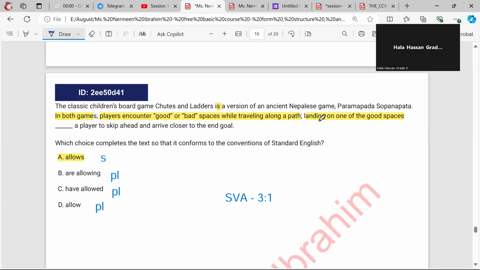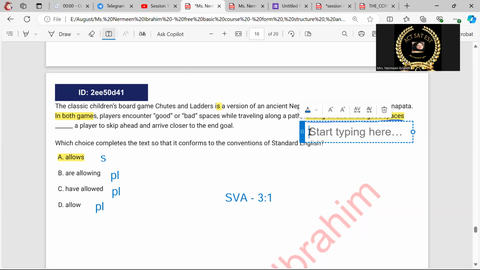I think it's players. No, as long as you have seen a semicolon, we are starting a new sentence. Landing on one of the good spaces, which word of these words can you say is the subject? Landing.